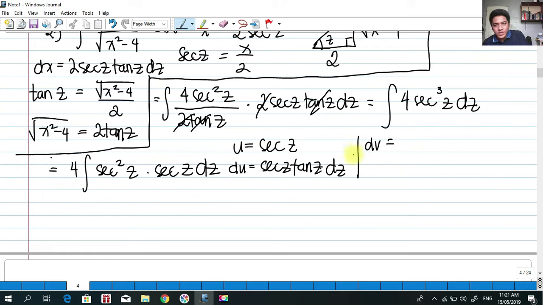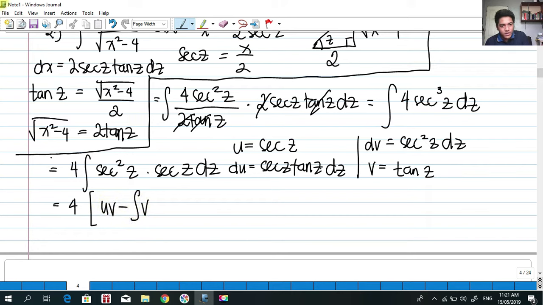Okay, so dv is secant squared z dz, and if we integrate that both sides, we have v equals the integral of this, which is basically tangent z. And applying the formula uv minus the integral of v du, we have now what? 4 multiplied by, again, let me just rewrite the formula, uv minus the integral of v du.